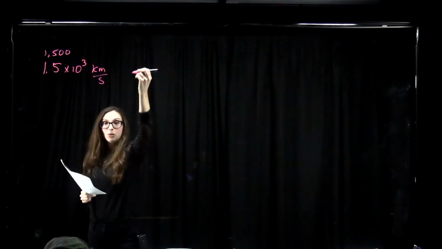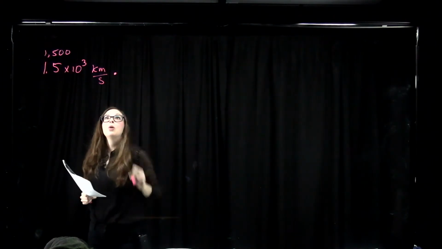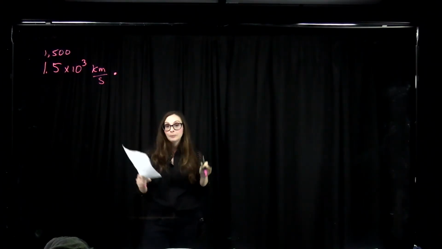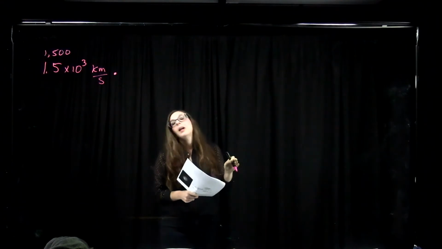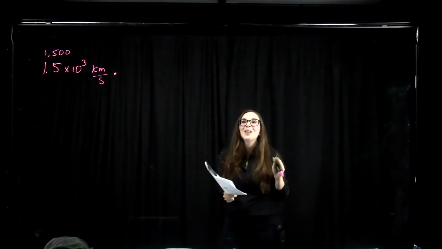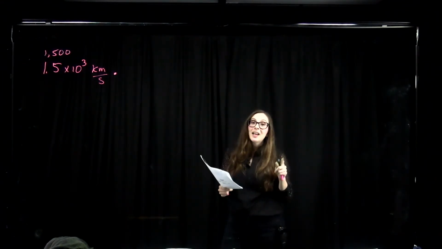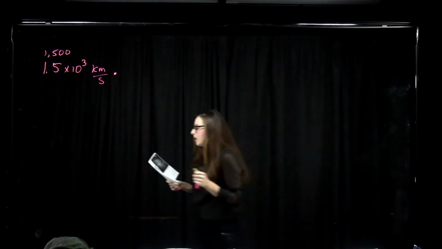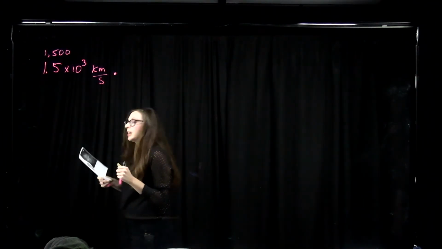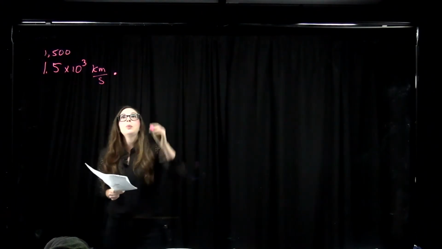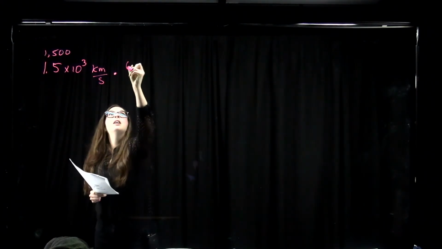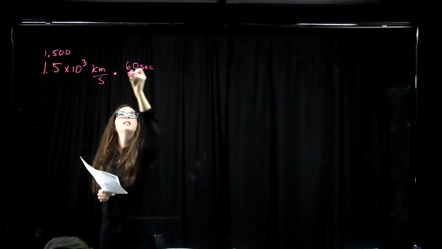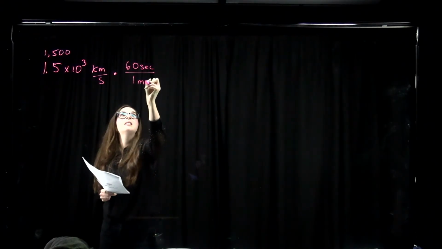So we're going to use conversion factors, right? So we've got to get kilometers into miles. We've got to get seconds into hours. Okay, so let's do that one first. Let's go seconds into hours. So we know that there are 60 seconds in 1 minute.